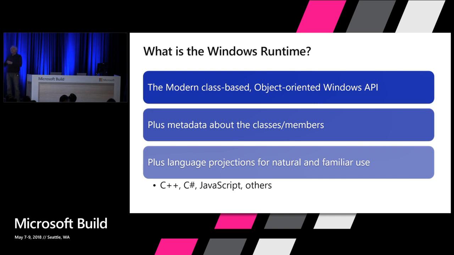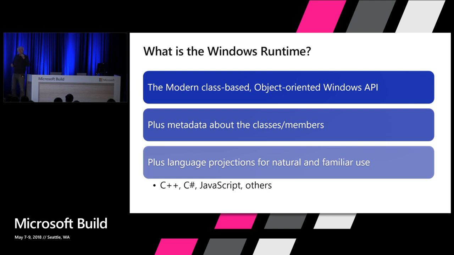So if there's an idiom that your favorite language uses, we want you to be able to use the Windows Runtime OS APIs using those idioms. And what is natural and familiar in one language may not be natural and familiar in another language. But with this metadata about the APIs in the Windows runtime that lets basically any programming language access them, we can expose those APIs in a natural, familiar way to you.